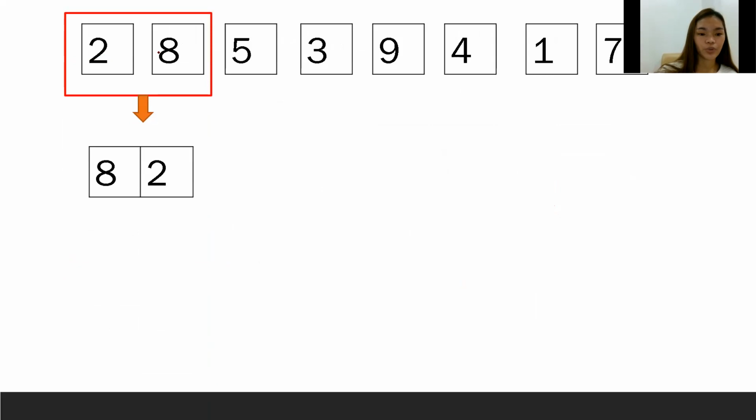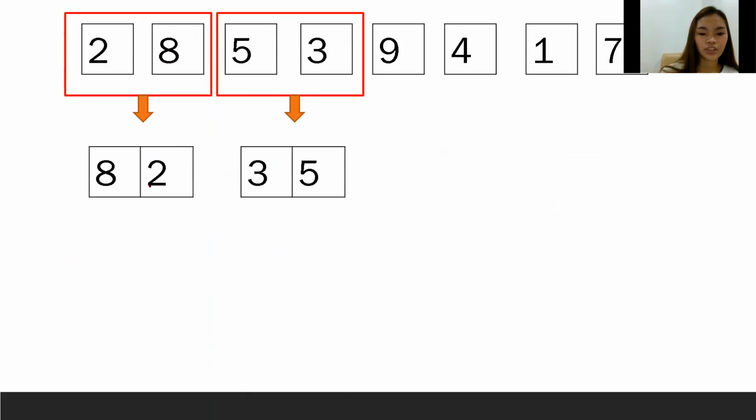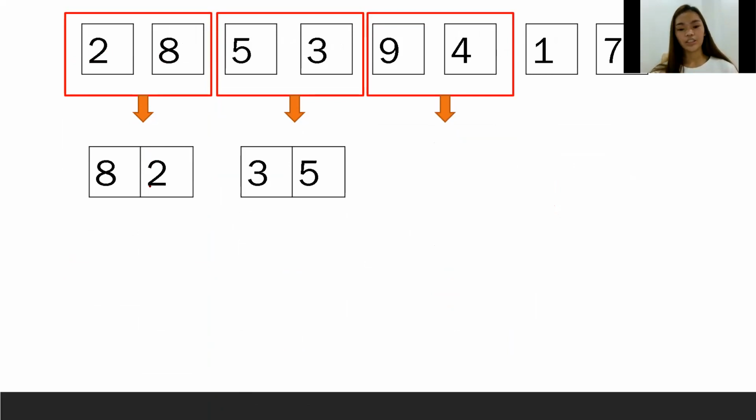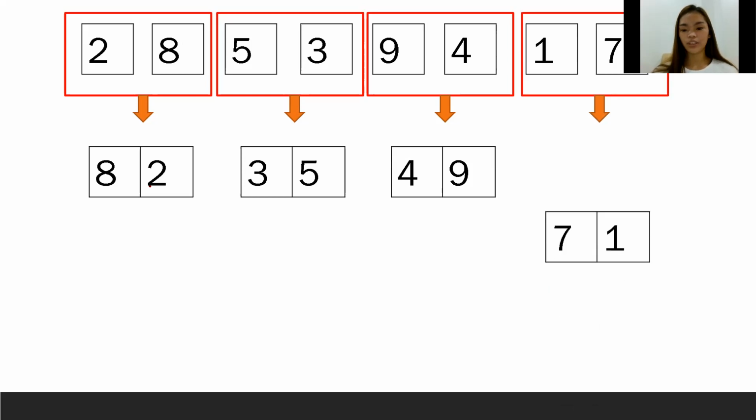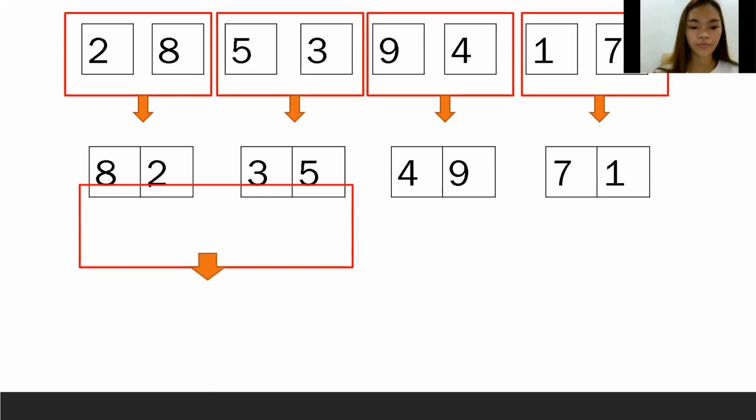Here we have 2 and 8. All we have to do is swap them, so it's going to be 8 and 2. Do the same on the rest: 5 and 3 becomes 3 and 5, 9 and 4 becomes 4 and 9, and lastly 1 and 7 becomes 7 and 1.